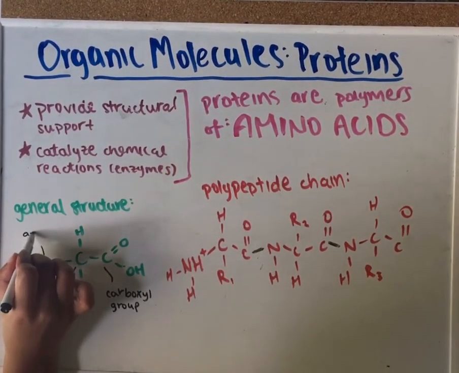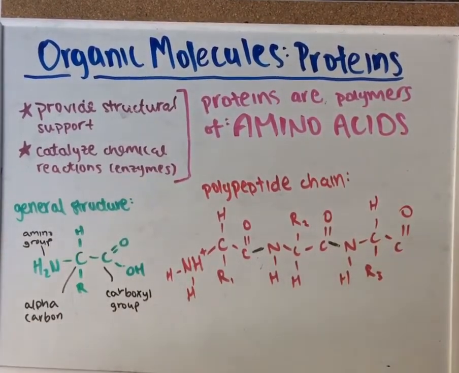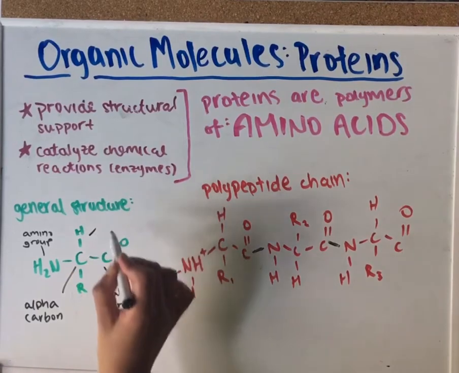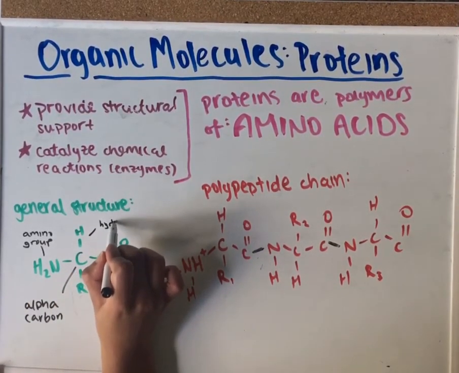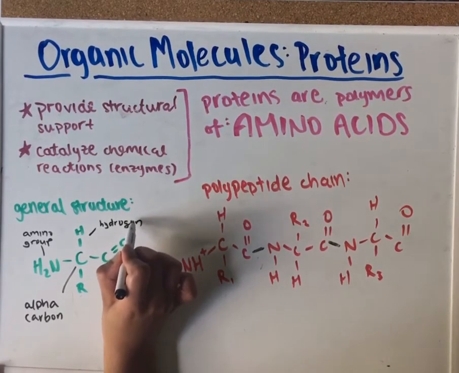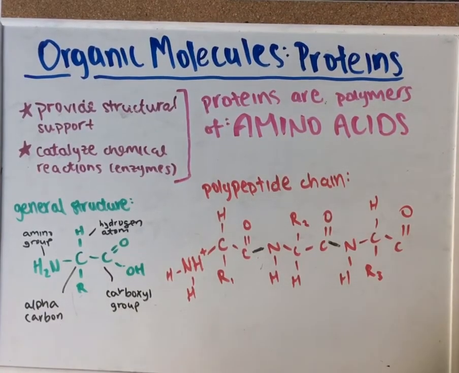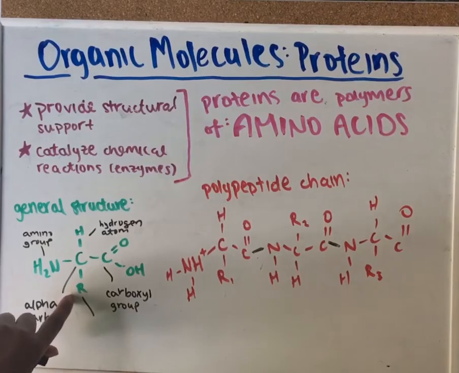It sounds similar because it's amino acids and this is an amino group. And it is bonded here to a hydrogen atom, and last but certainly not least, it's bonded to this R group.